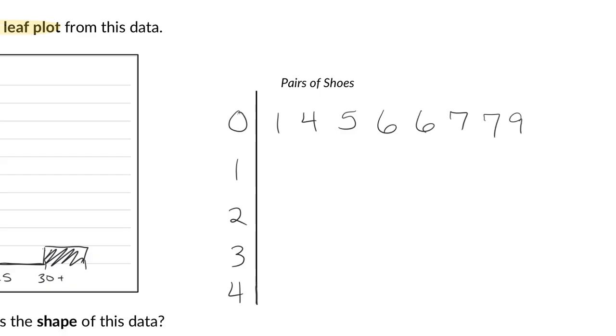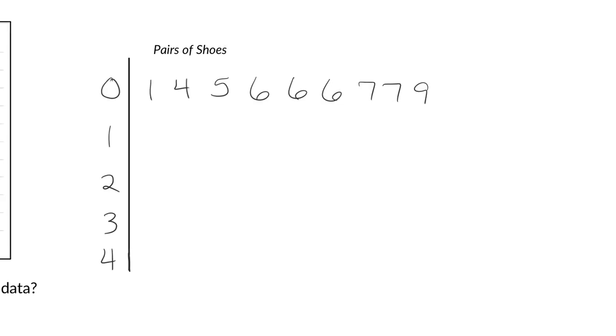And then a 9. Did I miss anybody? If we're looking at our raw data? There's 3 6s? There's an 8 before a 9.